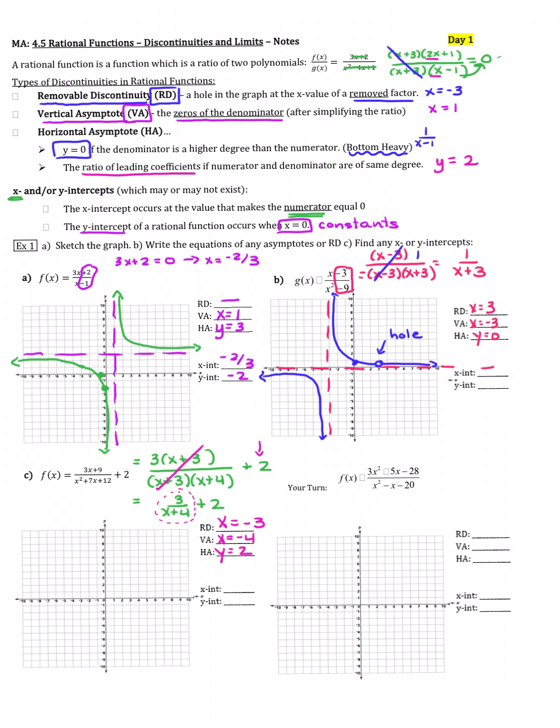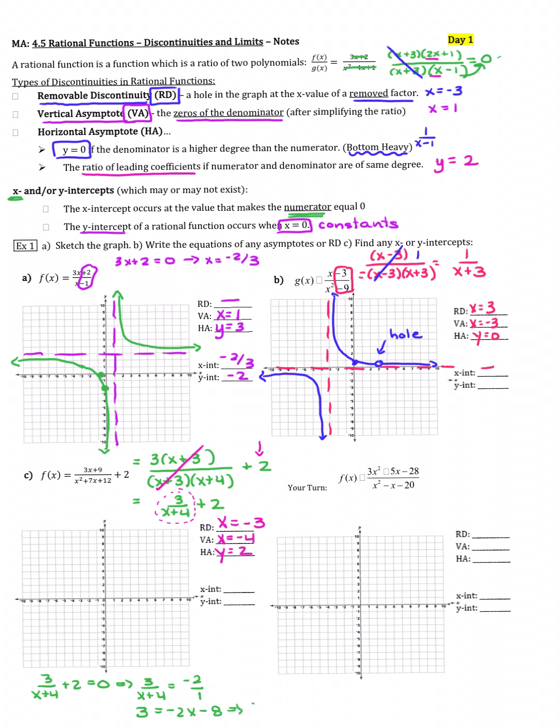My x-intercept, now that's going to be a little bit harder with these ones where you have the plus something off to the side. So down here, 3 over x plus 4 plus 2, I set it equal to 0. So I have 3 over x plus 4 equals negative 2 over 1, and I cross multiply. So that gives me negative 2x minus 8.